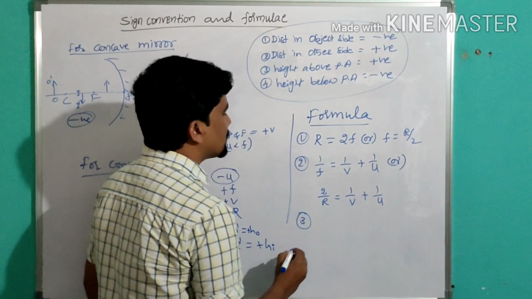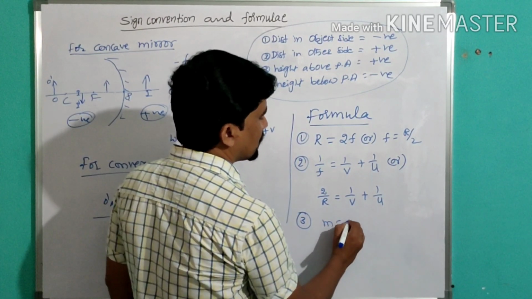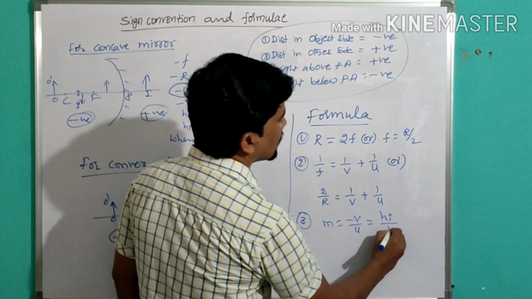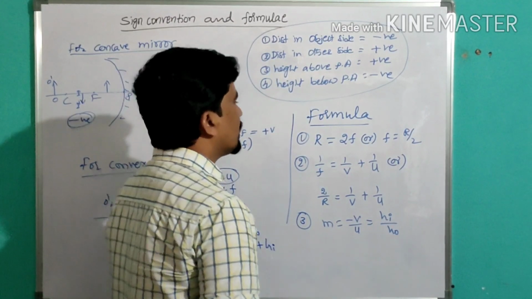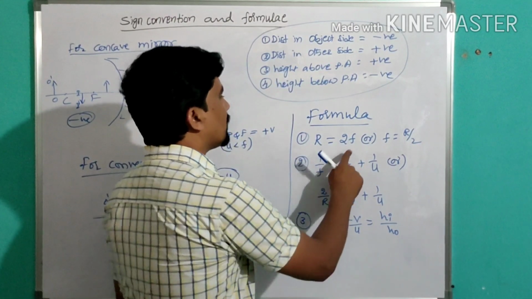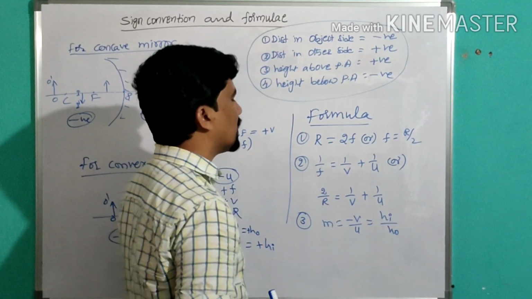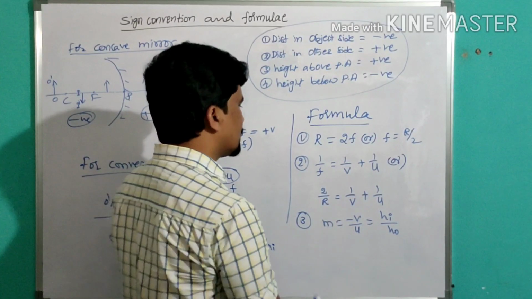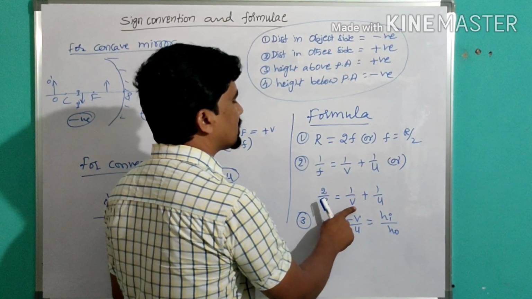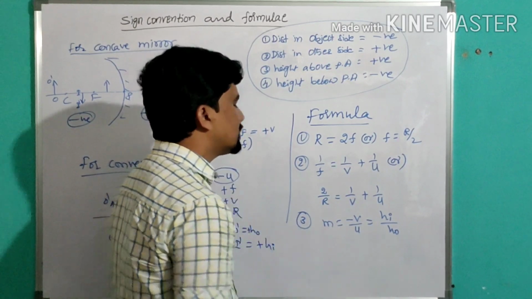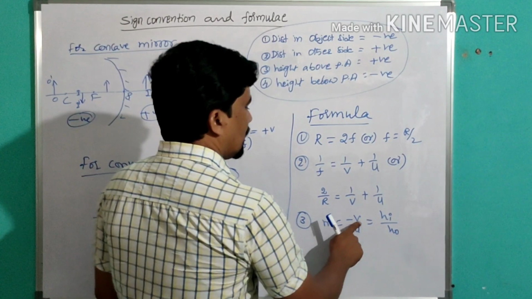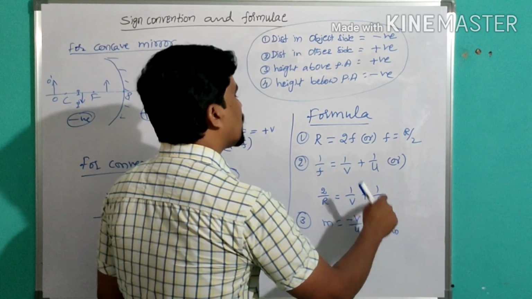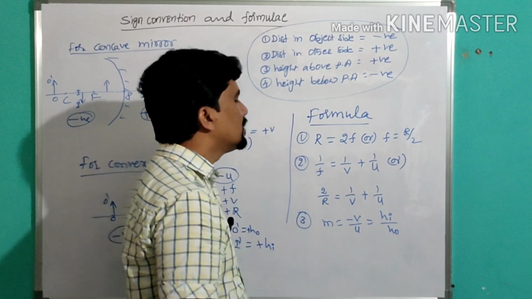Next, magnification, that is M equal to minus V by U, which is equal to HI by HO. Here R is the radius of curvature, F is the focal length, V is image distance, U is object distance, M is magnification, HI is height of the image, HO is height of the object.